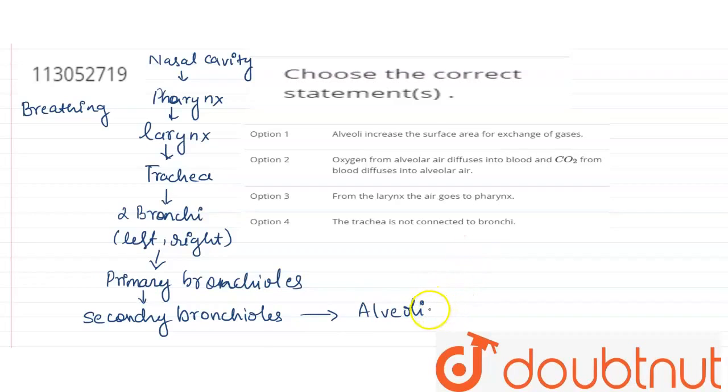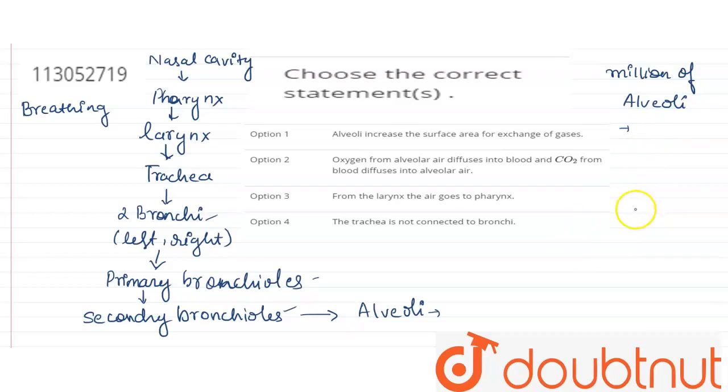Now the secondary bronchiole, primary bronchiole, and bronchi are present inside the lungs. Inside the lungs there are millions of alveoli. These millions of alveoli increase the surface area inside the lungs for the exchange of gases.